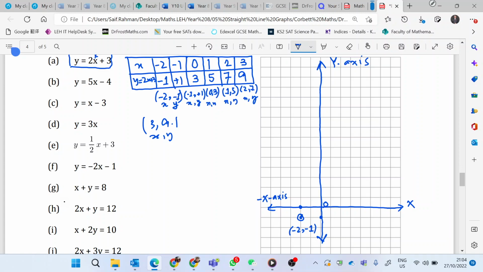Okay, so now we draw the next point. The next point is -1 and +1. On the x-axis it's -1, this one, and on the y-axis it is +1, this one. So for these two, the intersection point is this one. And the third point is 0 and 3.